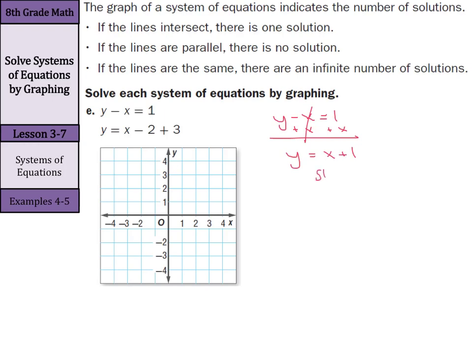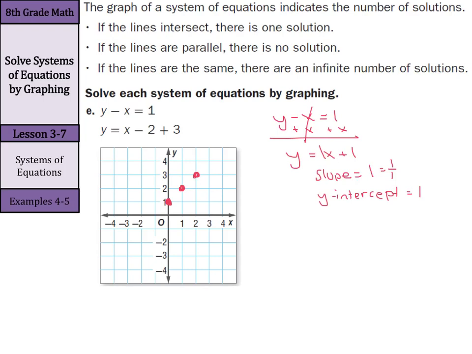Well, that tells us that our slope is, well, it's 1x, so it's just 1, or 1 over 1. And our y-intercept is also 1. So we can draw a point at 1, where y equals 1, and we're going to once again go up 1 over 1, up 1 over 1.